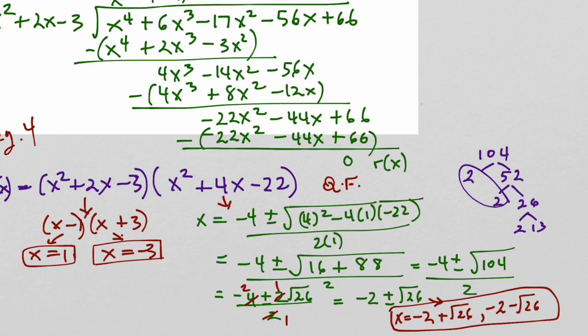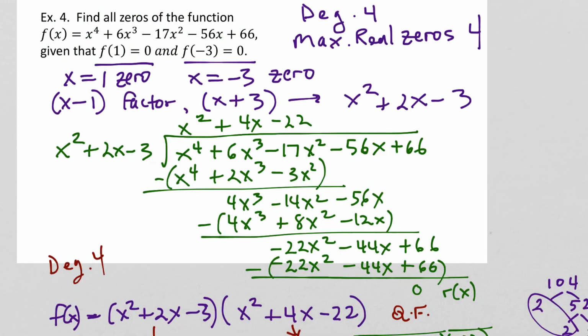Okay, so just to summarize, we started out given a function of x, seeing that it's a degree 4 polynomial. We know that we can have at most 4 real zeros. We know, since I told you, that we're dealing in real zeros on this unit. We're also given that f of 1 equals 0 and f of negative 3 is equal to 0.